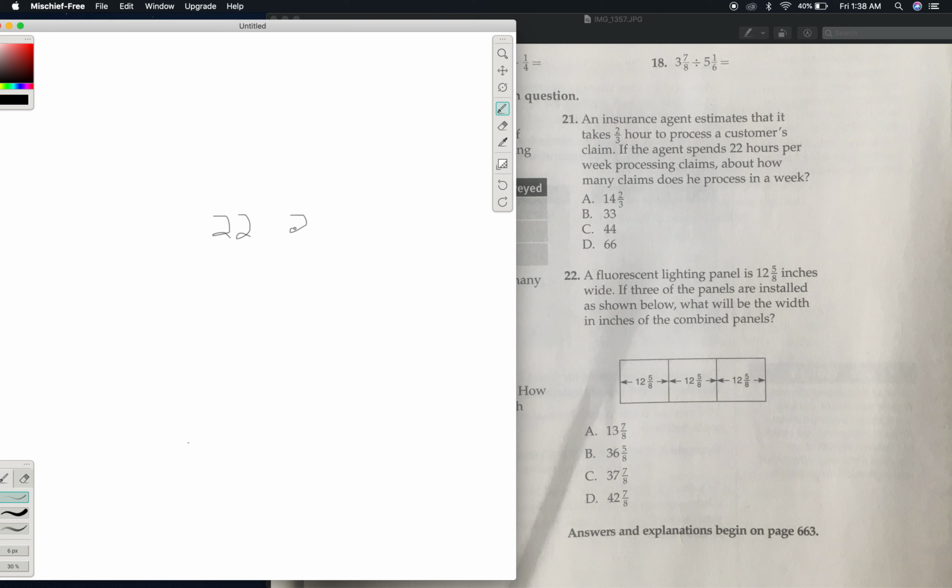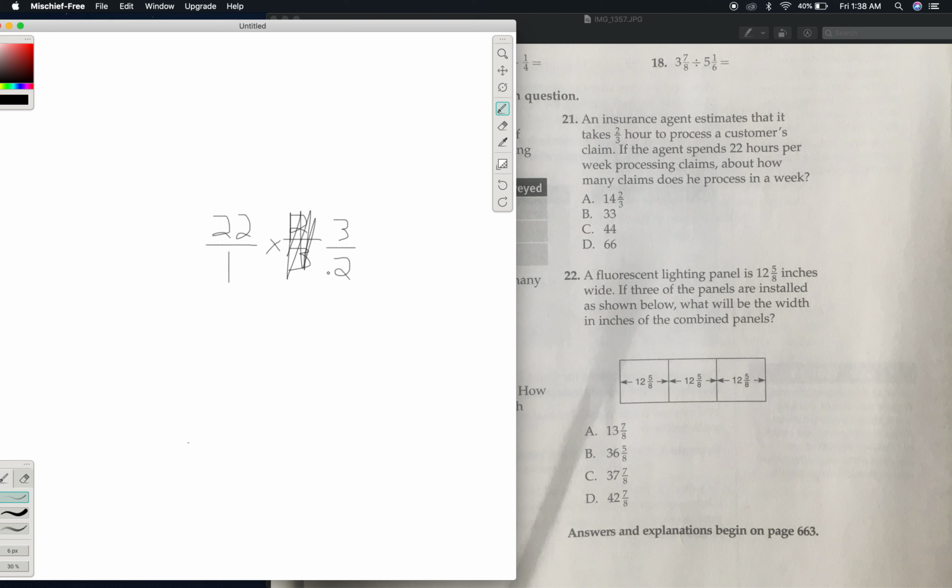So what we need to do is figure out how many of these can fit into this here. So we need to make this into a fraction. Okay, now that we've made this into a fraction, we need to invert this. So let me scratch this out and just put 3 over 2. Okay, and now we change this to multiplication. Okay, let's cancel. Does 2 go into 22?